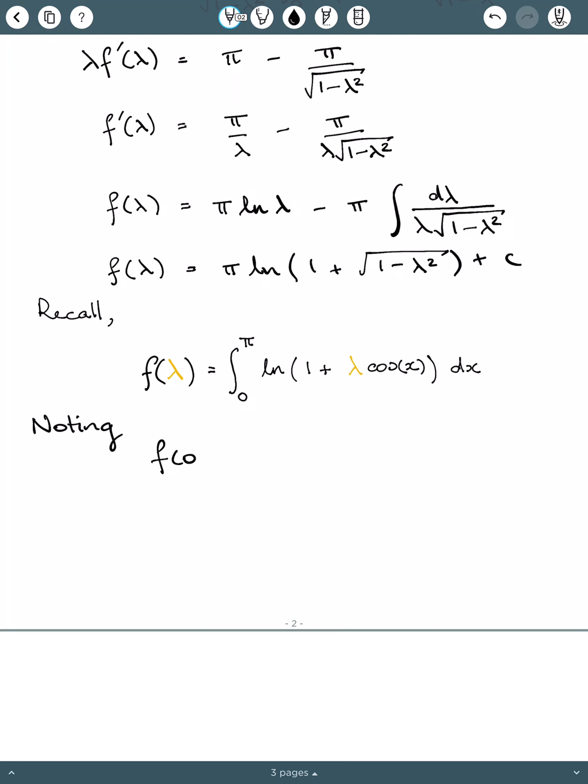Okay, so f of 0 is the integral of log of 1 plus 0 dx. Log of 1 is 0, so f of 0 is 0.